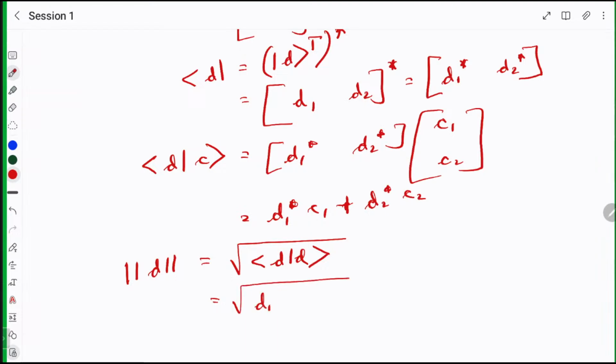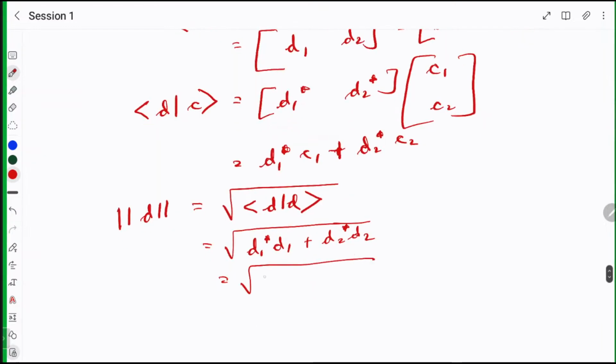Now this would be D1 star D1 plus D2 star D2. And D1 star D1 is nothing but mod D1 squared, and D2 star D2 is nothing but mod D2 squared. And that, my friends, is greater than or equal to 0 as we want.